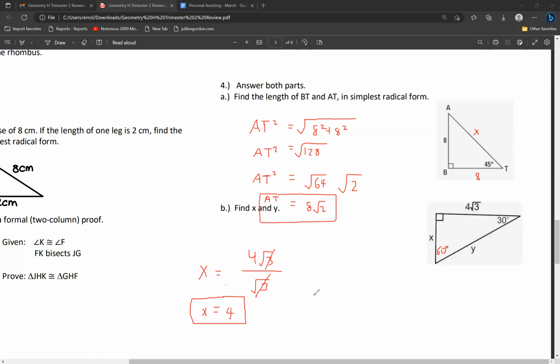For Y, I did 4 times 2, or 4 squared, plus 4 squared.